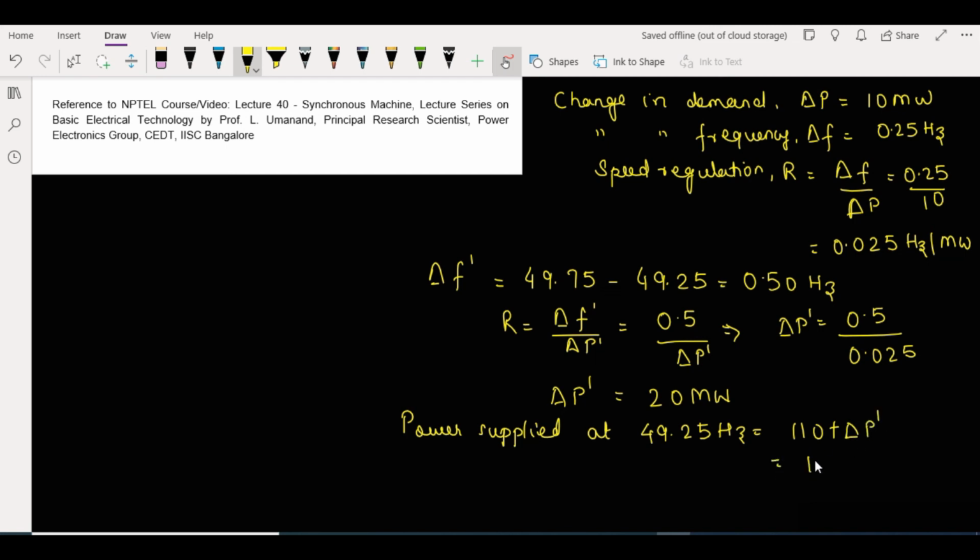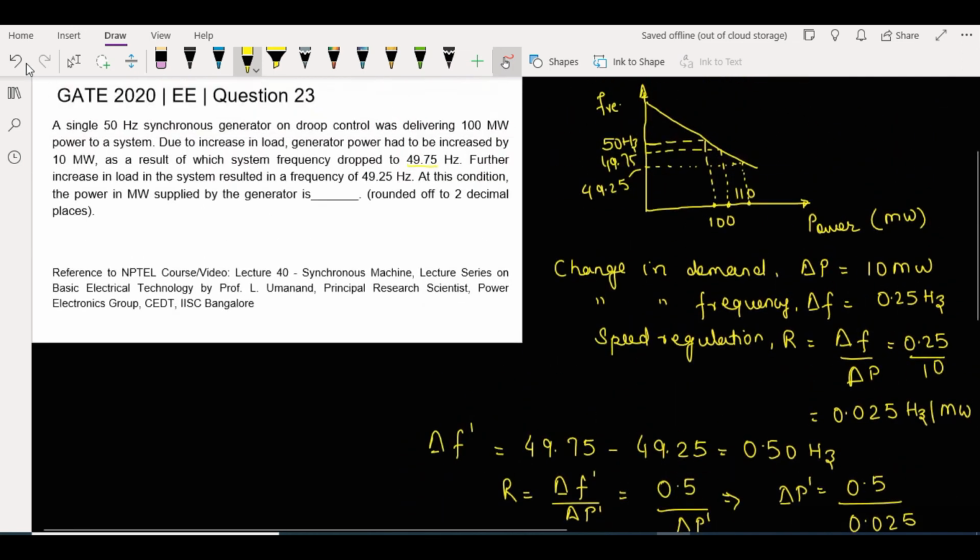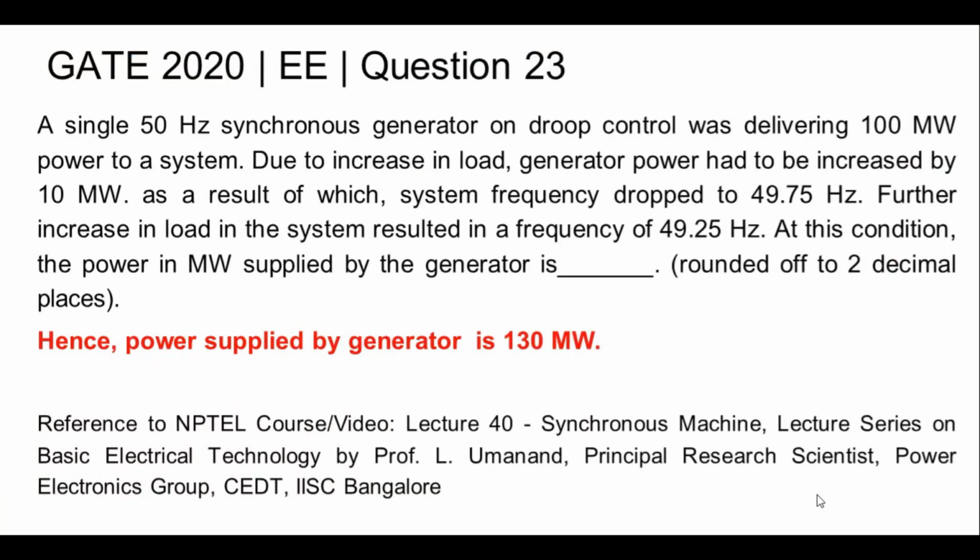This will give us 110 plus 20, that is equal to 130 megawatts. So this is the value of the power that will be supplied by the generator, right? Hence, we have calculated the value as 130 megawatt. Thank you.